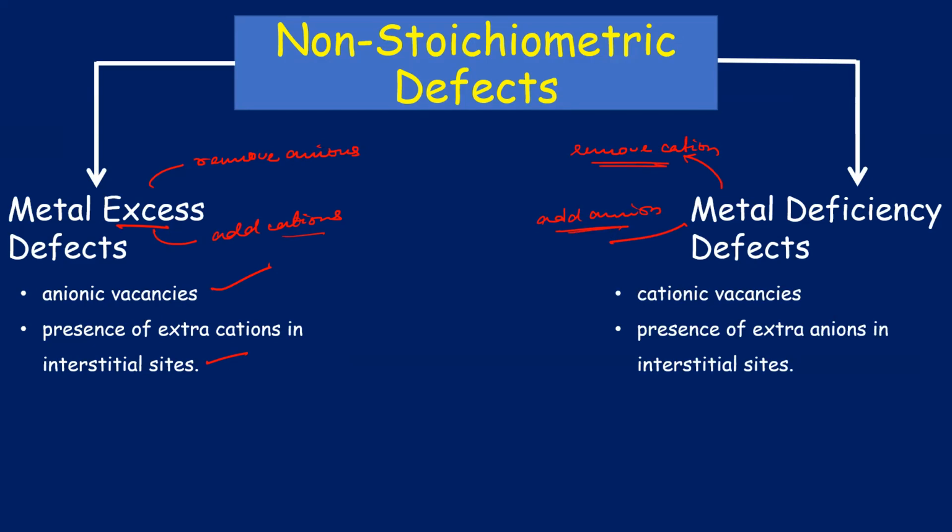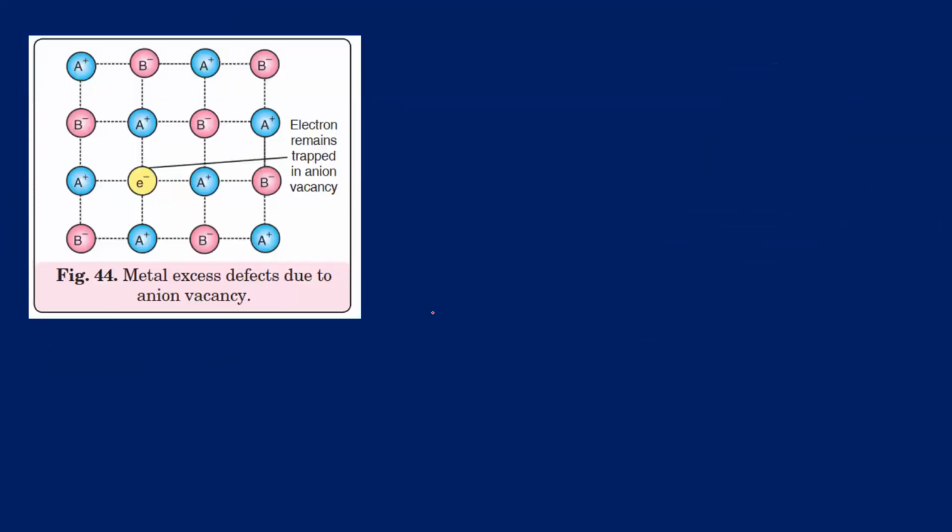So let us first of all look at the anionic vacancies. Metal excess defect due to anionic vacancies. If you have anionic vacancies, you can see here we have A plus ion, B negative, A plus, B negative, B negative, A plus, B negative, A plus, A plus, and there should be a B negative, but here we have a vacancy. There is no atom present here.